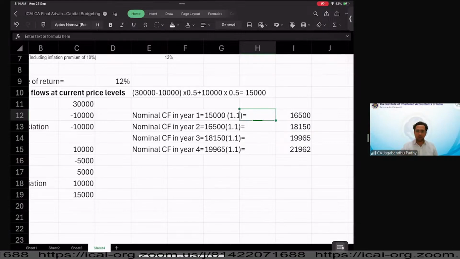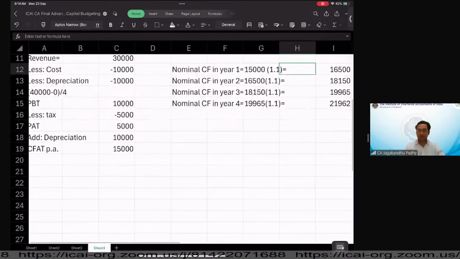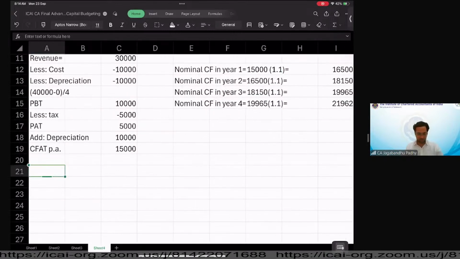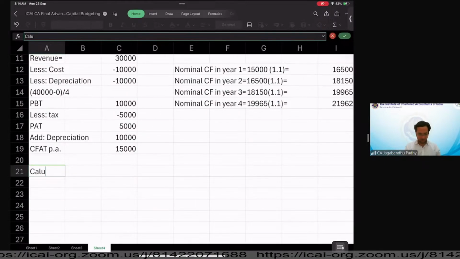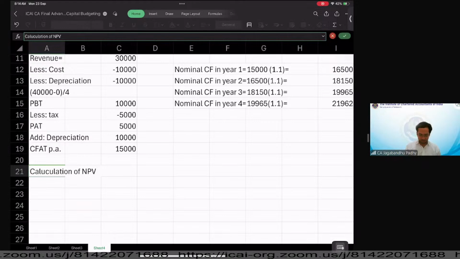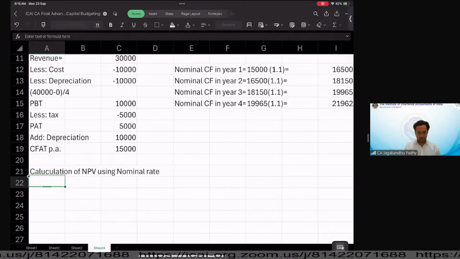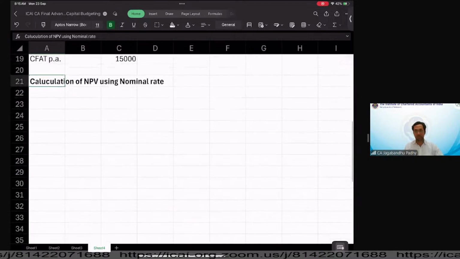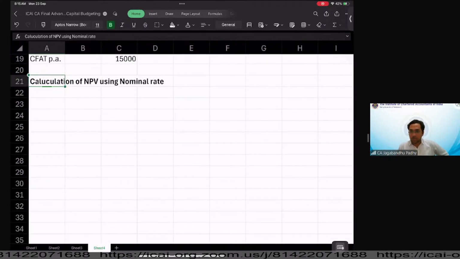Now, when I want to calculate the NPV using the nominal rate, yes, Mamta Kumari, what's the doubt? Please ask the question quickly.